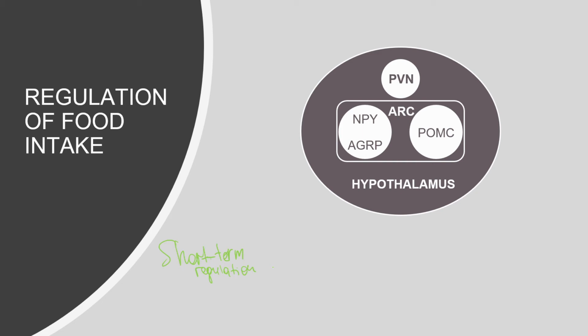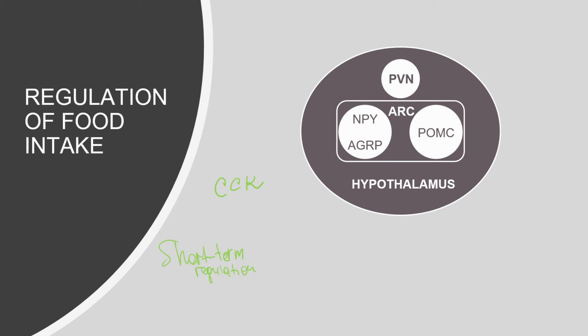Okay. In short-term regulation, there are several hormones that play a huge role. First is cholecystokinin, CCK. It is produced by duodenal and ileal cells, and the stimuli for its secretion are luminal stretch and biochemical changes linked to food passage.